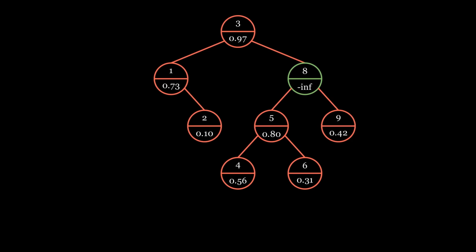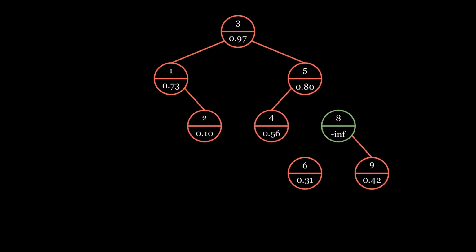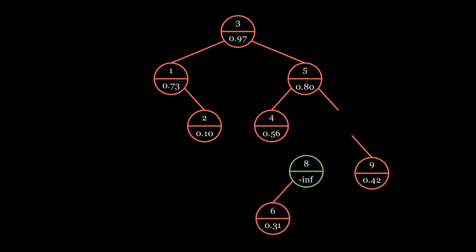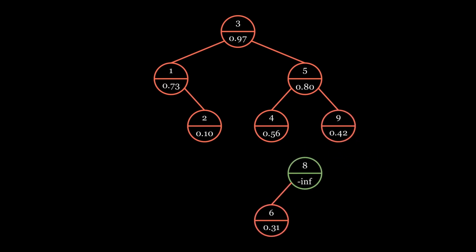The right child has the lower priority, so we'll do a right rotation. Now the left child has the lower priority, so we'll do a left rotation. Now the node only has one child, so we can go ahead and replace it with its left child. And there you go, we've successfully deleted 8.